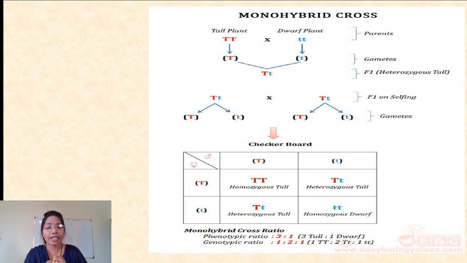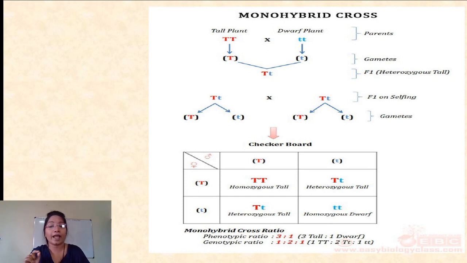If we look at the phenotypes, there are three different types: homozygous tall, that is capital T capital T, heterozygous tall, that is capital T small t, and homozygous dwarf, that is small t small t. If we get a ratio on the basis of phenotypes, in this example, tall plants are 3 and dwarf plant is 1.